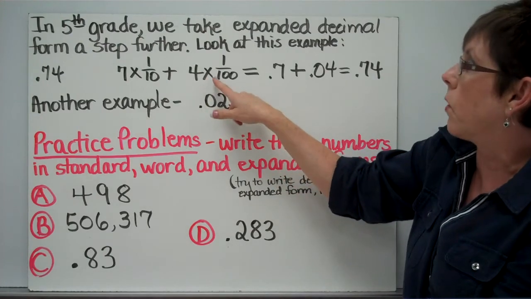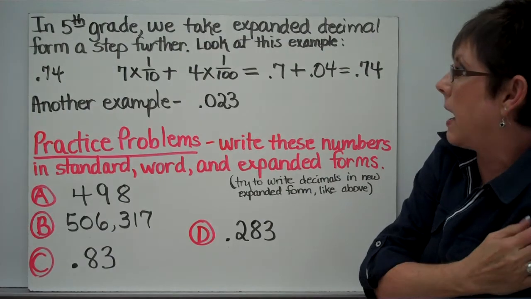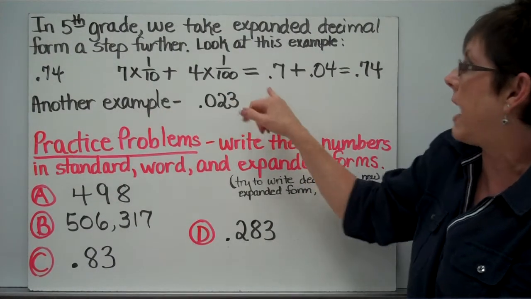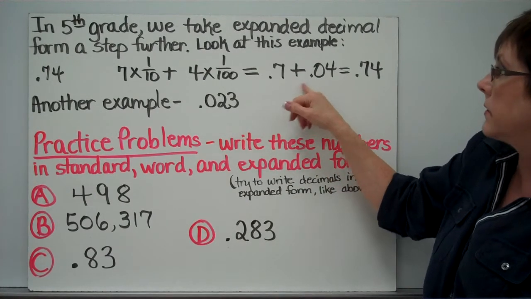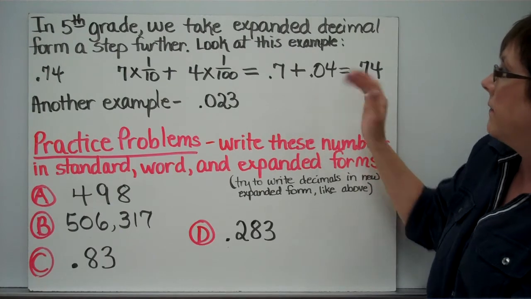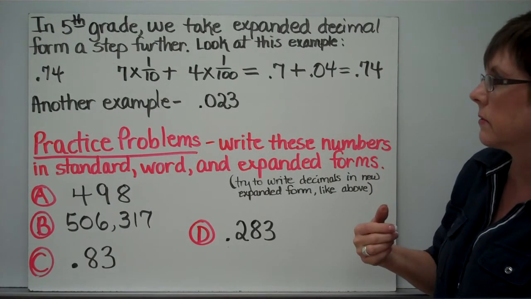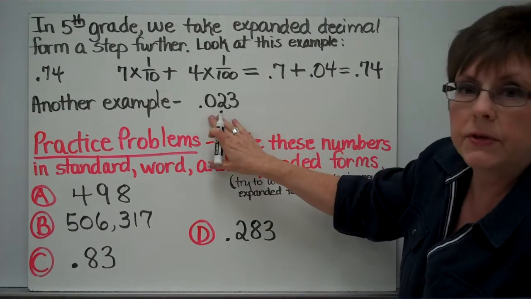So that would be 4 times 1/100th, because it's in the hundredths place. And when we do the math on that, that comes out as 7/10 plus 4/100. If you add them together, that is 74/100.